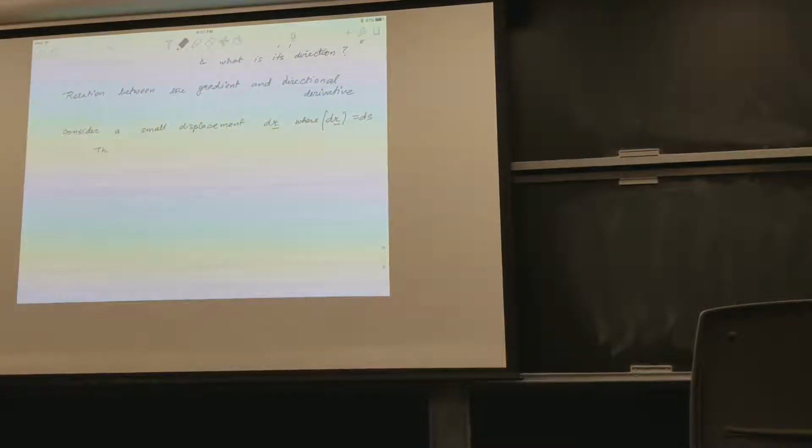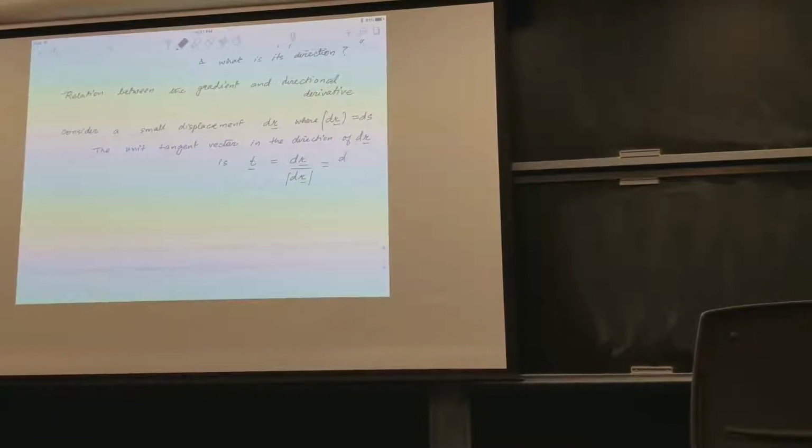Then the unit tangent vector in the direction of dr is, say, t, and if you want to find a unit vector in the direction of a vector, we just take the vector divided by its own magnitude, which in this case we said is equal to ds.